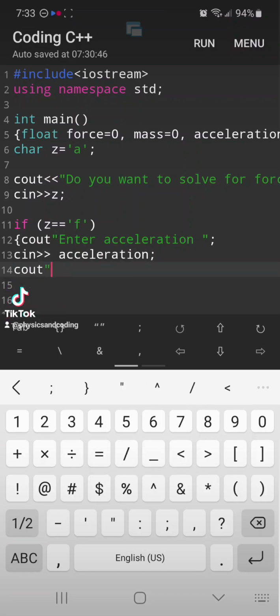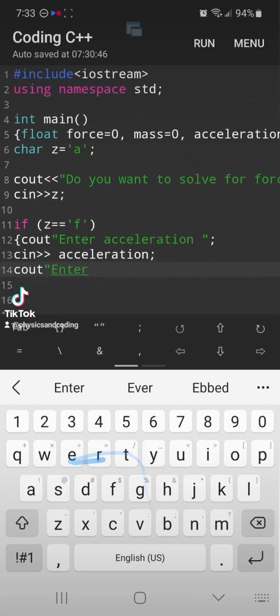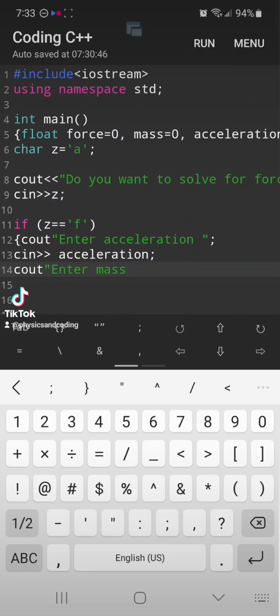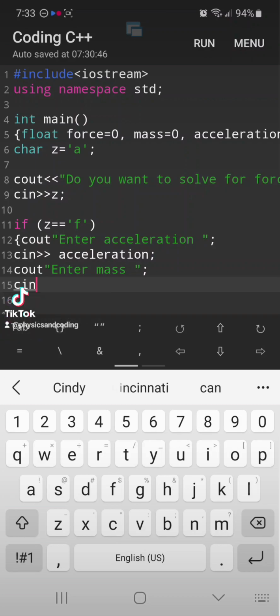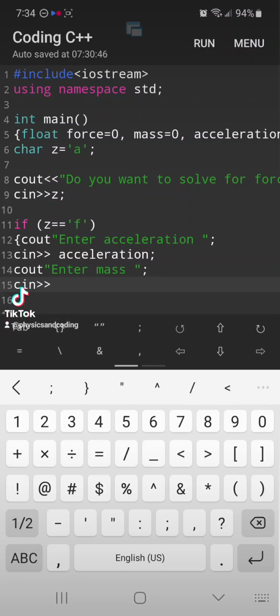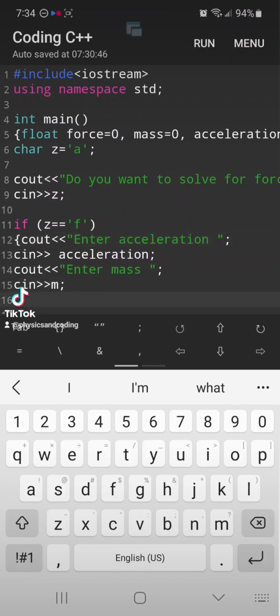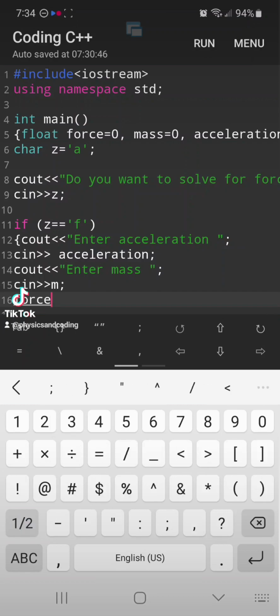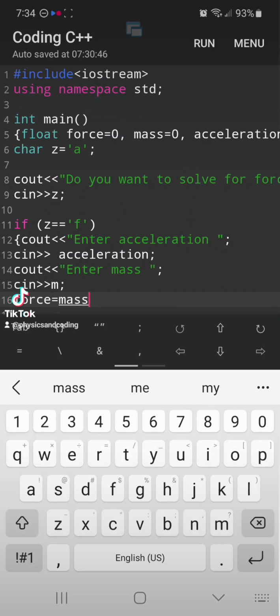Now we're going to have to do the same for mass. Okay, and then we'll just solve for force. So mass times acceleration.